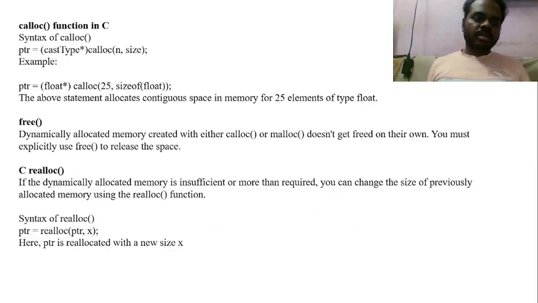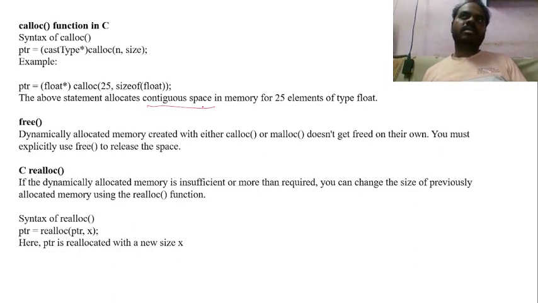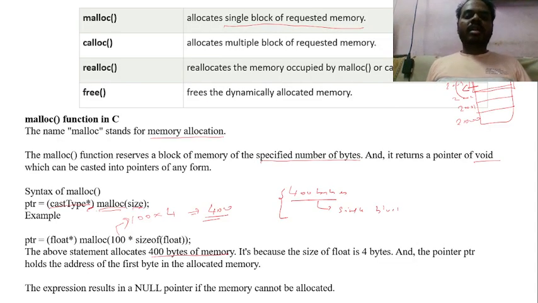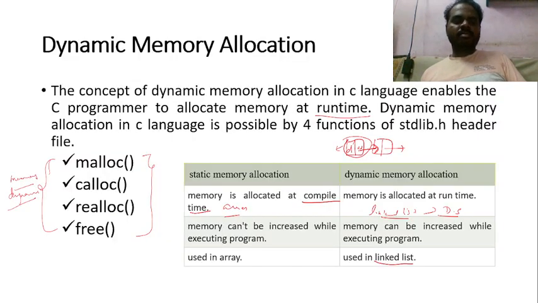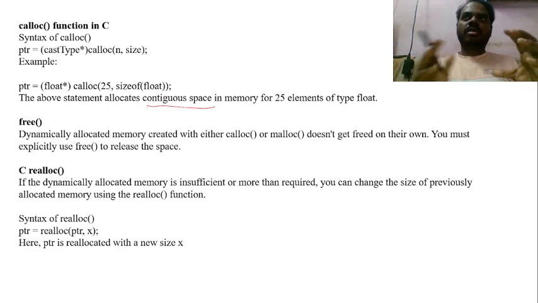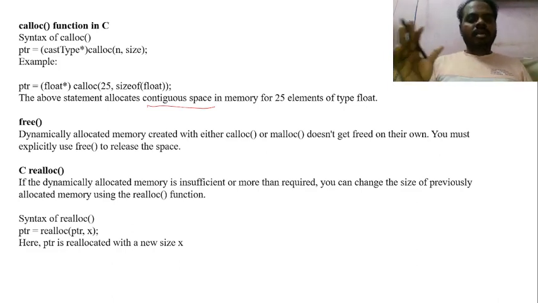What is calloc? Calloc allocates contiguous memory. Contiguous means continuous memory, but allocated in terms of multiple blocks. If you allocate memory as a single block, you call it malloc. If you want to allocate memory in multiple blocks, you call the calloc function. Calloc is used to allocate memory in a contiguous space with multiple blocks.